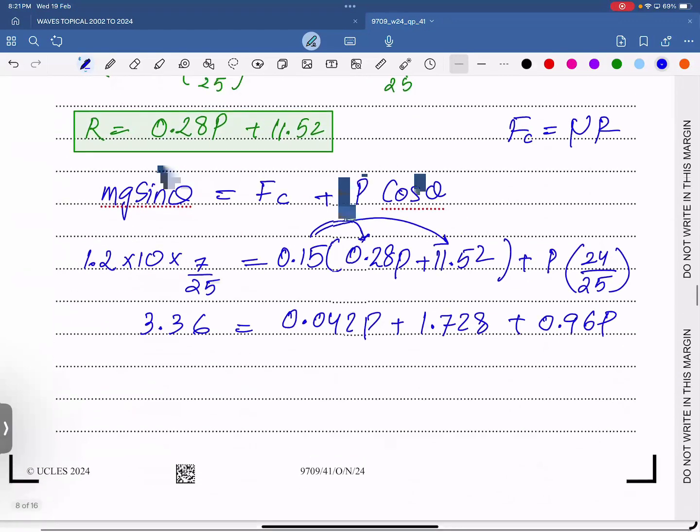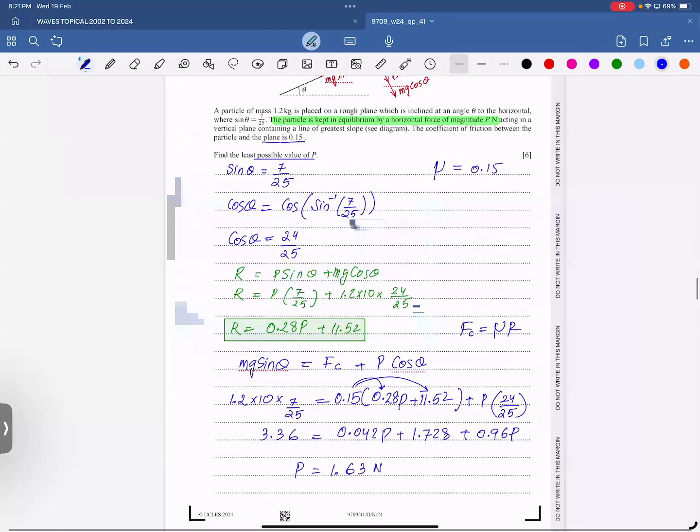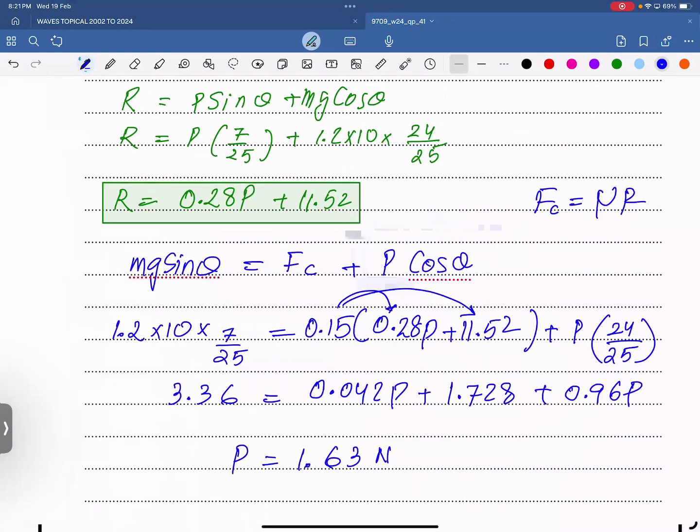You can rearrange, solve the equation. It will lead you to get P 1.63 newtons. An easy question. This paper overall, I feel like it is an easy paper. Certainly, it will have a very high threshold. Okay, we proceed to the next question.